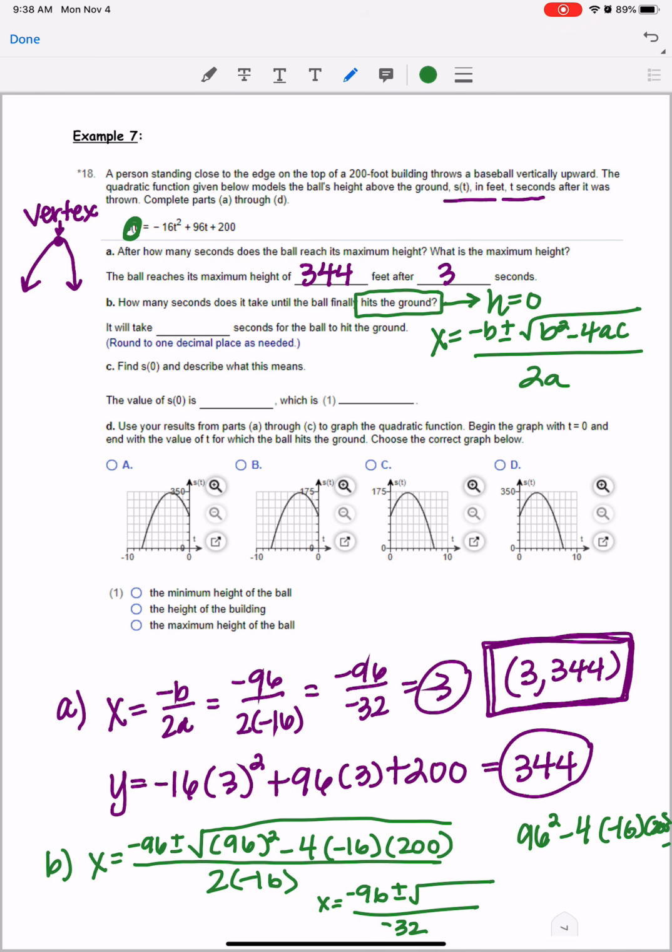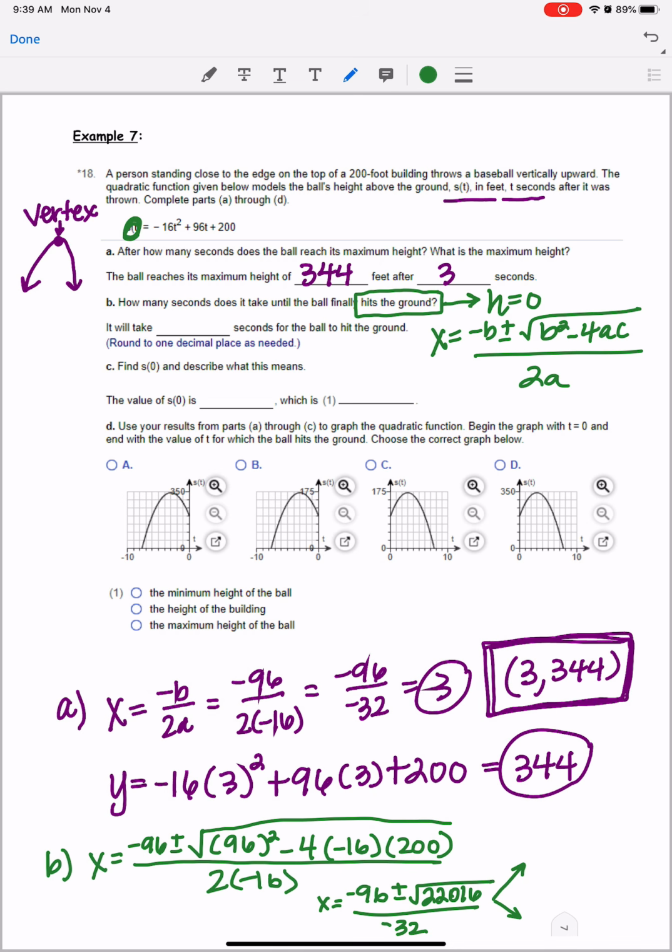Not the square root, just what's under it. When you do that, you're going to get 22,016. Now that's not a perfect square root, so from here, split up into your two answers.